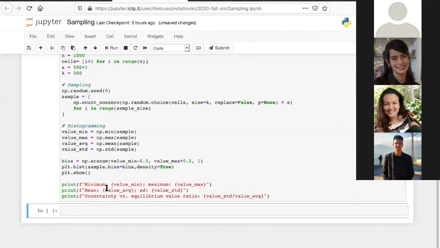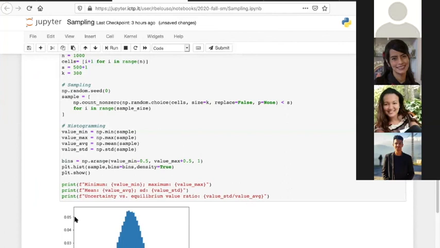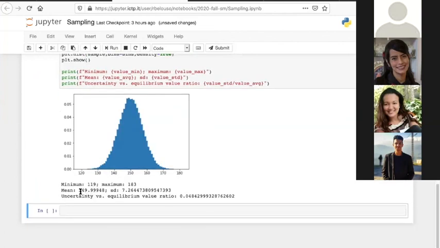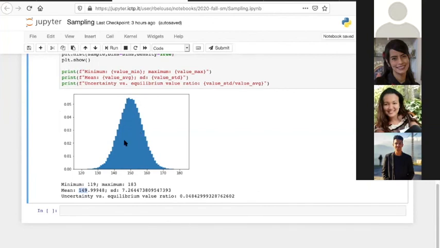Now we have 150, almost the average, the most likely energy in the subsystem, and 7 is the uncertainty. But 7 divided by 150 is already a bit large value. So the uncertainty with respect to the value of interest increased.